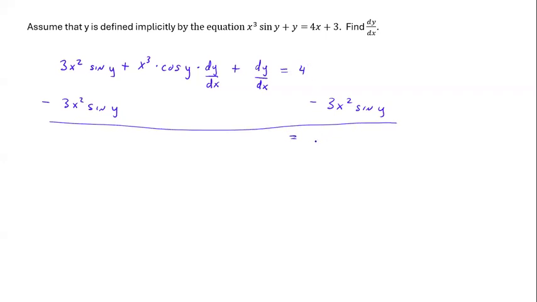On this right-hand side, don't do anything fancy here. You can just write it exactly like you see it: 4 minus 3x squared sine of y. And on this left-hand side, we have x cubed times cosine of y dy/dx plus dy/dx.